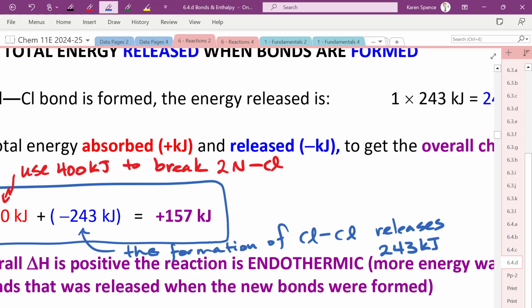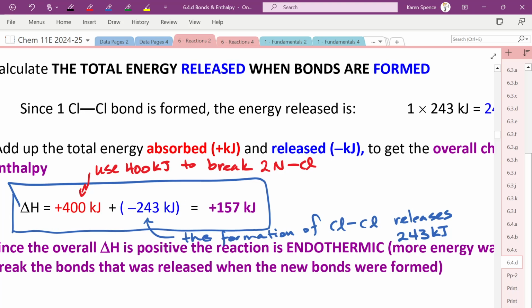So that's going to be negative. Okay, that's coming out. And so 400 minus 243 is 157. Yeah?